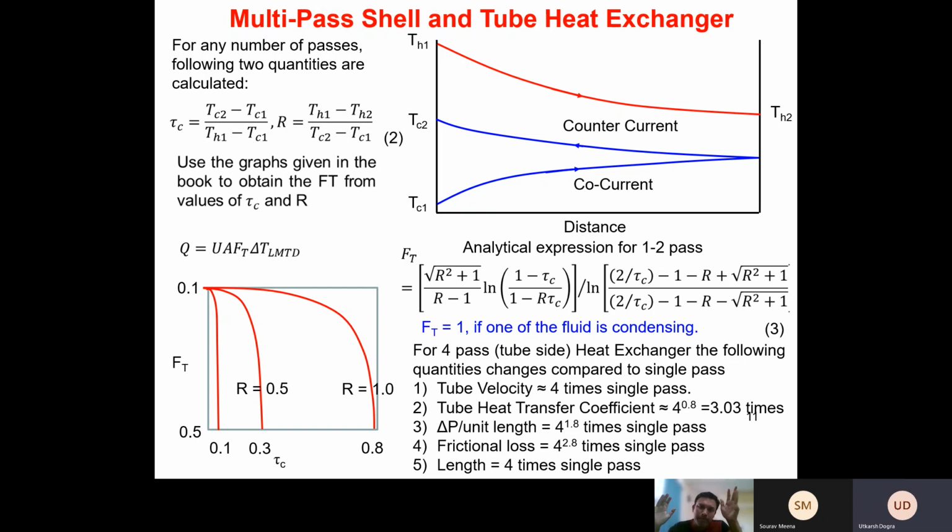Hello? Yes, sir. Another important part is how to calculate that F factor. So in this slide, we are looking at how to calculate that F factor. A typical way of doing it is using these graphs, but also for a 1-2 pass heat exchanger, you can calculate the Ft factor using this analytical expression. Another interesting thing which I have talked about is if one of the fluids is condensing.